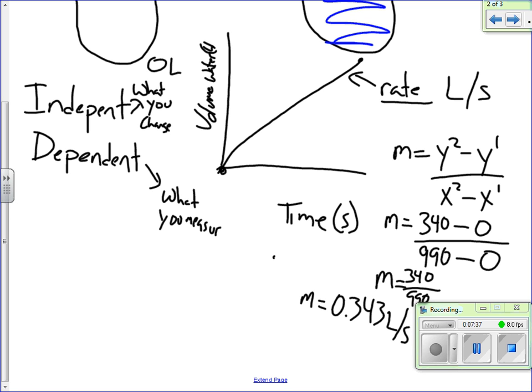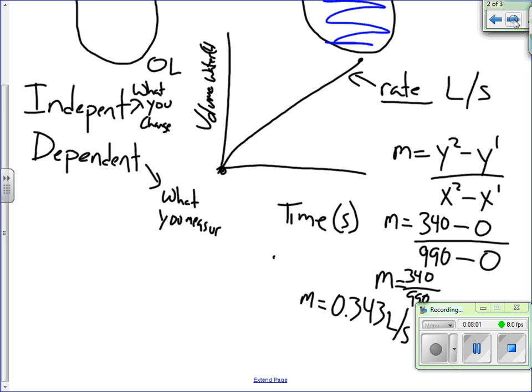So what does that mean? That means by looking at this graph and this example, the automatic watering system is delivering to those jugs 0.343 liters of water every second. And that gives me the rate, or the speed, at which the watering system works. So that's the idea behind direct linear relations.